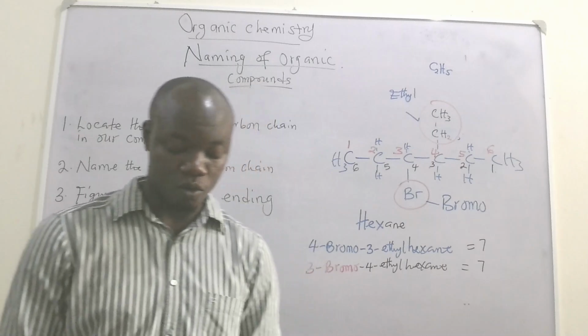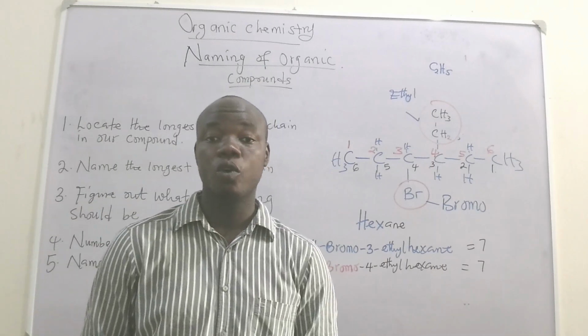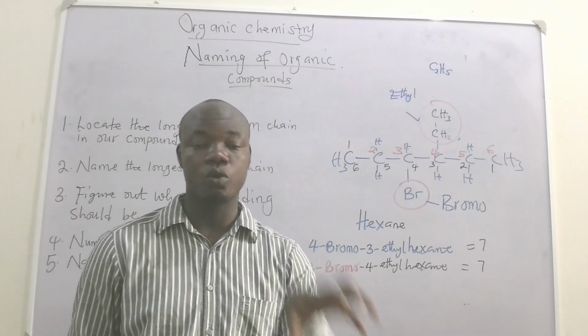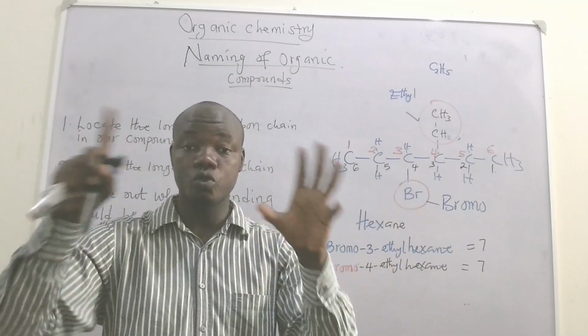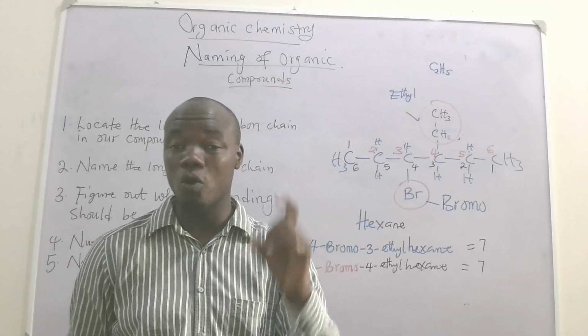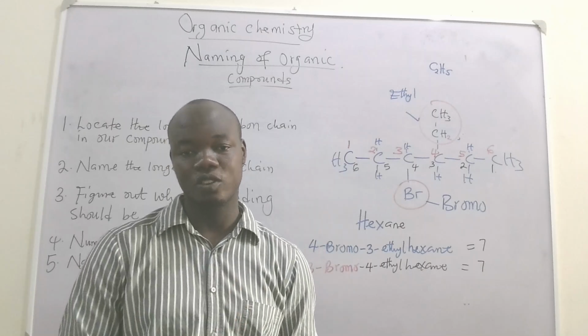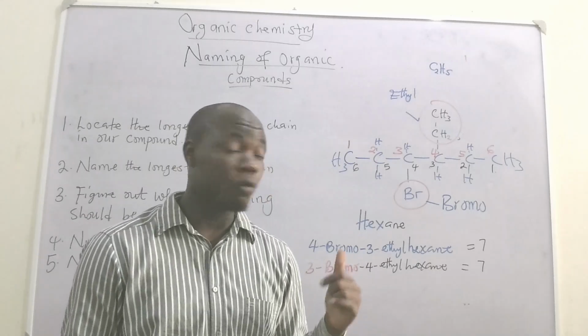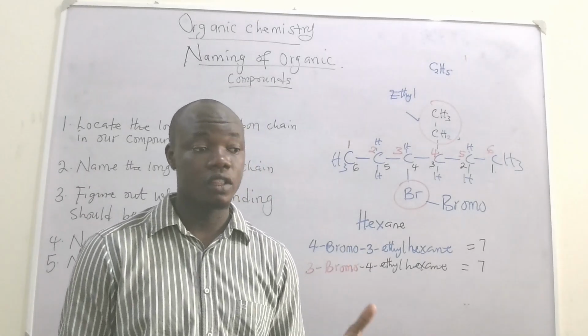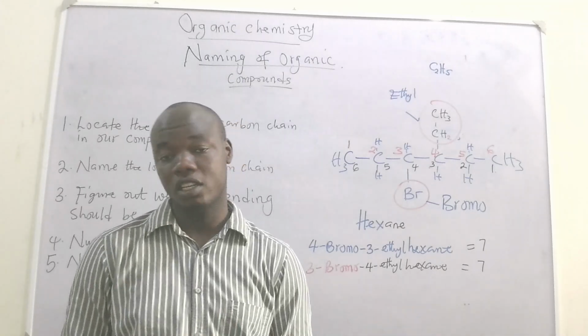Generally, when you number a compound from both sides and it gives you 2 different numbers, the one with the lowest number is the one that is correct, the one that you are going to pick. If you take the one that has the highest number, it means that you are wrong.